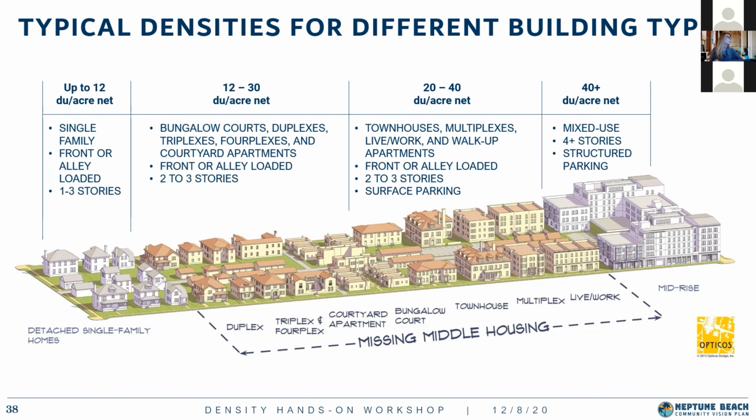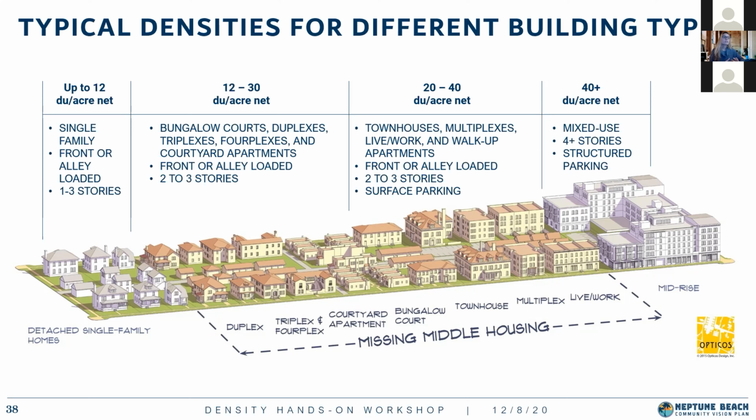So your single family residential typically falls under the 12 dwelling units per acre net. Now there's always some exceptions depending on how small the actual lot is. Then your duplexes and triplexes, courtyard apartments, bungalow courts, those tend to fall in the 12 to 30 dwelling units per acre category, and so on and so forth.